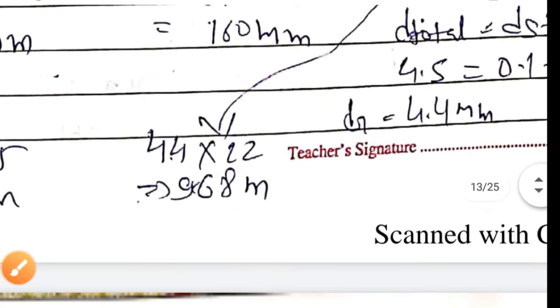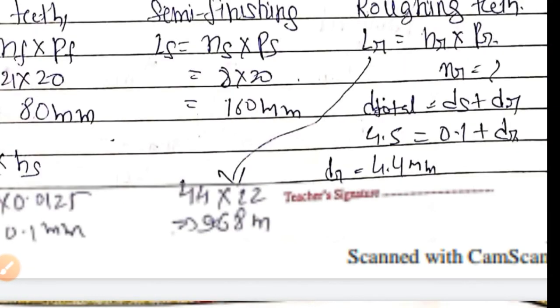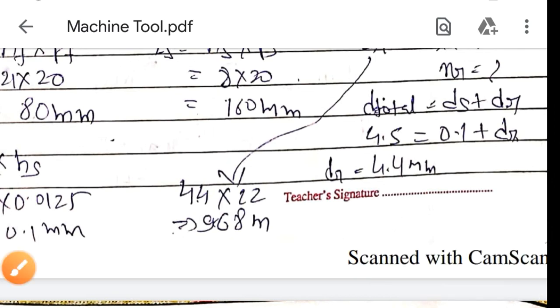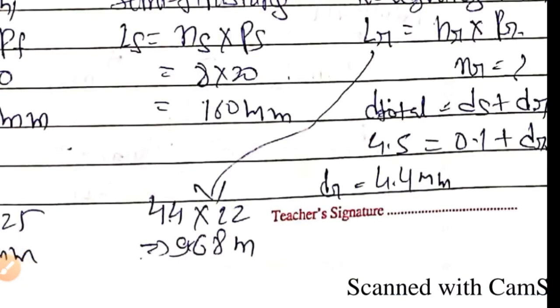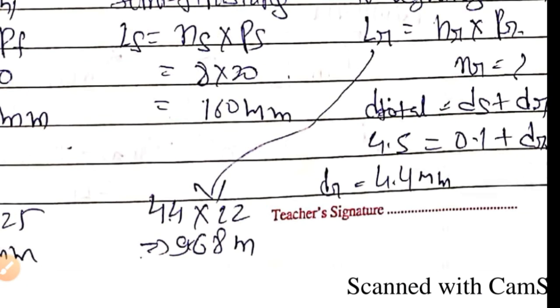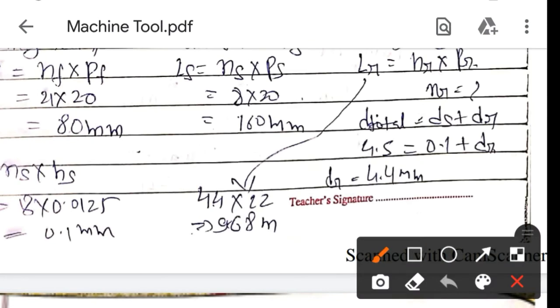Now what is the length of the roughing teeth? The length of the roughing teeth is the number of teeth times the pitch. The number of teeth is 4.4 divided by H, the rise per tooth. Since 0.1 is given, we get 44, and the pitch for the roughing teeth is given as 22 mm. When you multiply, we get 968 mm.